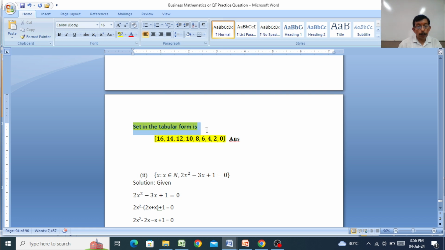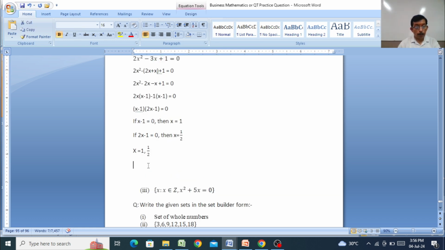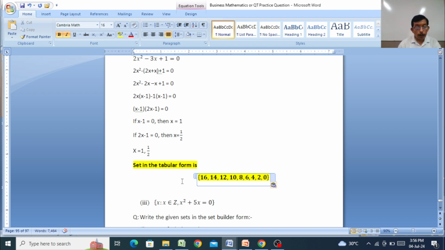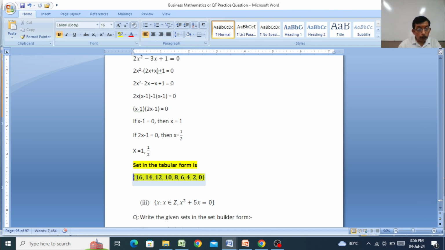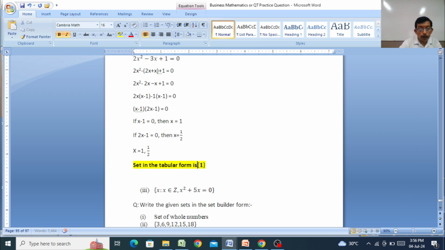Then the set in tabular form is only 1, because 1 by 2 is not a natural number. The value is 1. Is that clear, everyone?